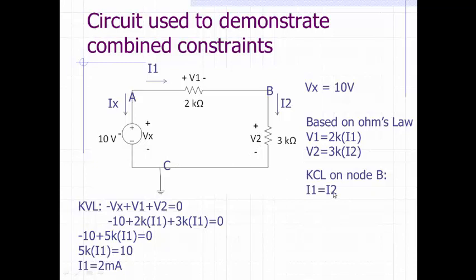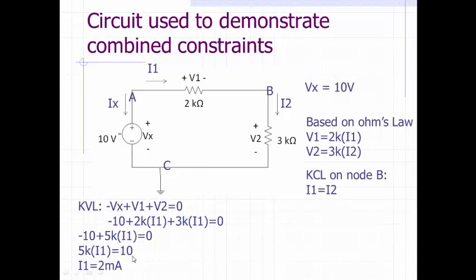Since I1 equals I2, V1 you can write as 2K times I1, and V2 you can also write as 3K times I1. So replace V1 and V2 using those expressions. Then you collect the common factor I1, and you have 5K here. Just solve this equation: 5K I1 equals 10.